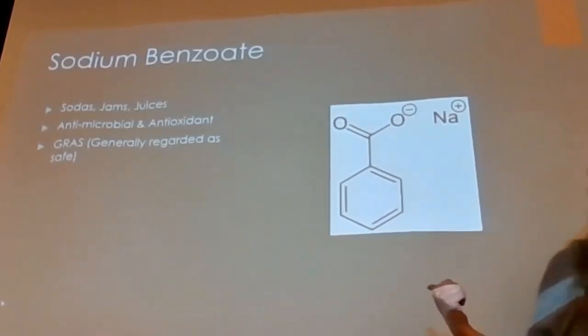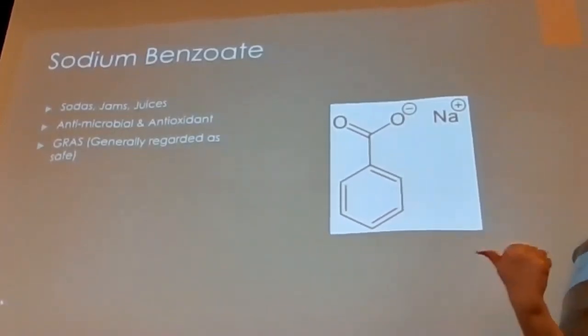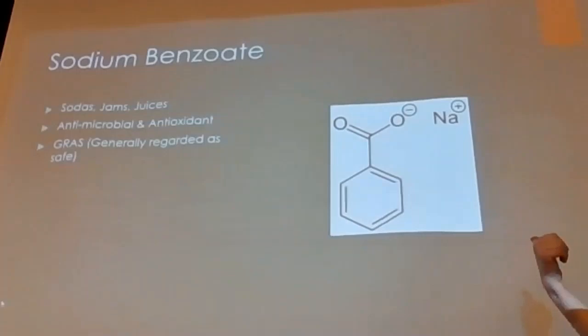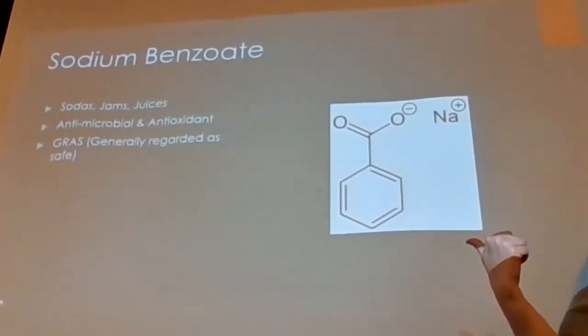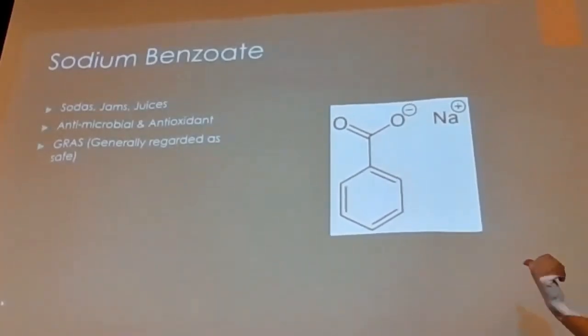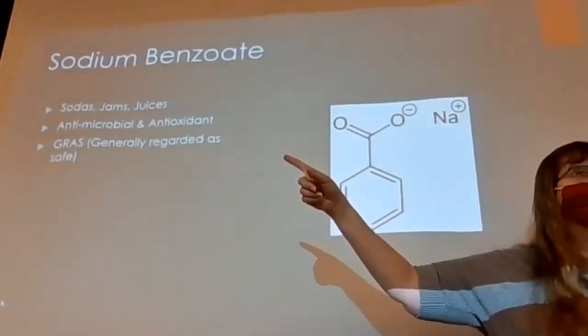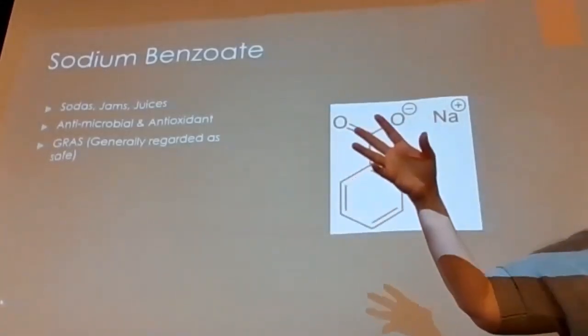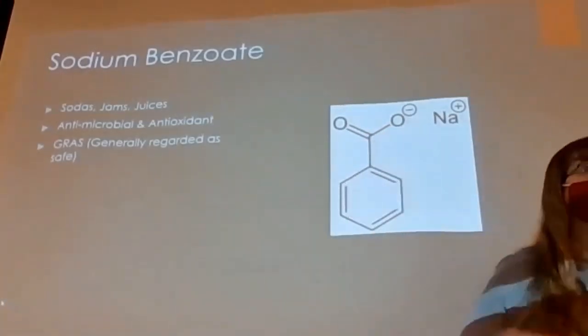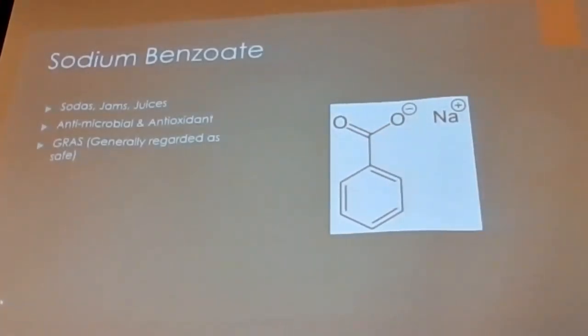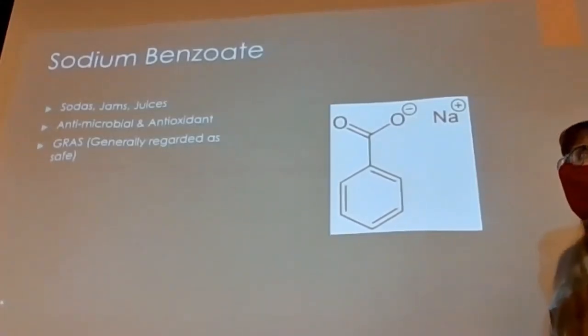And if it reacts with citric acid or ascorbic acid, things with vitamin C in it, that also can turn it into benzene. Most sodas, like your cola, don't normally have citrus in them. Probably not a good thing to have with your Fresca or your lemon-lime sodas.